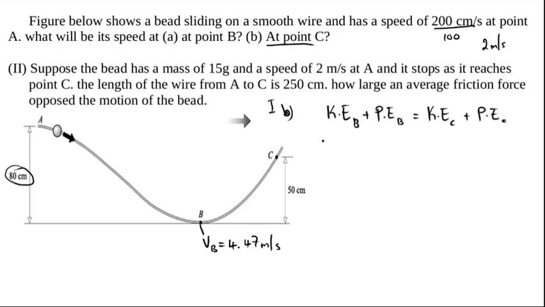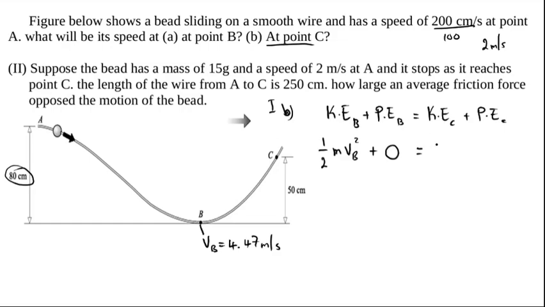This is half mass times v squared plus the potential energy at B, there's none because the height there is 0. So let's just put 0.